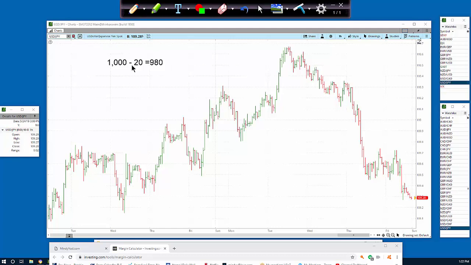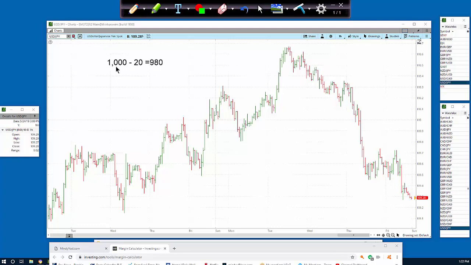Because $20 of it is on margin, and if it's going the wrong way at about $1 per pip, this trade could go 980 pips the wrong way before I would have used up this $1,000. Does that make sense? But I'm never going to let a trade go 980 pips negative.